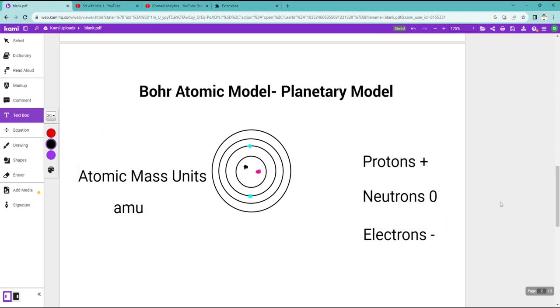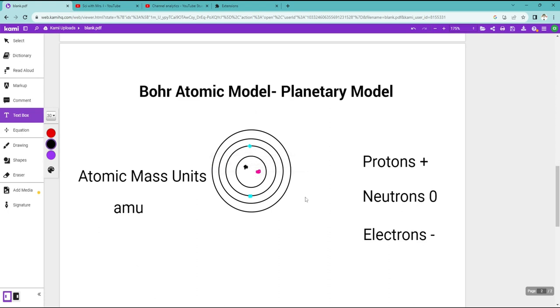Neutrons have an AMU of 1. And electrons are so small that their mass is almost negligible, so normally we just say their AMU is 0. They're the smallest of those three particles, which means that the majority of the mass is in the nucleus of the atom. It comes from those protons and neutrons.